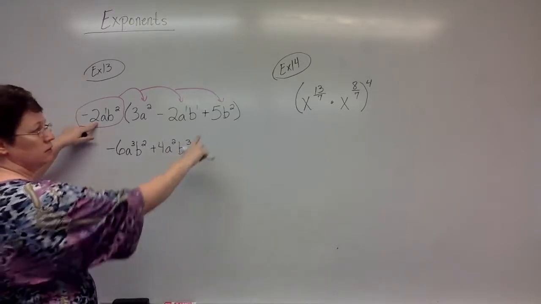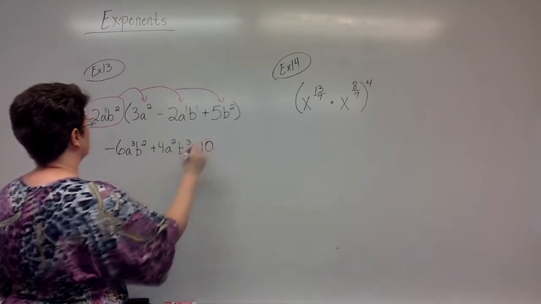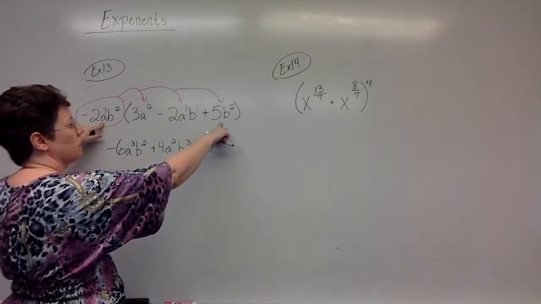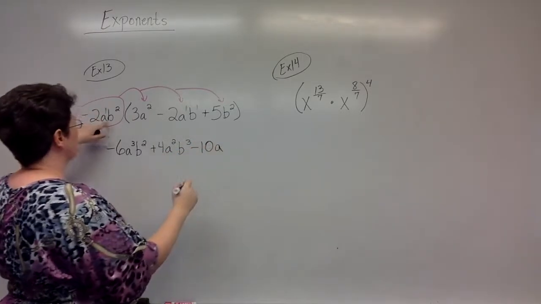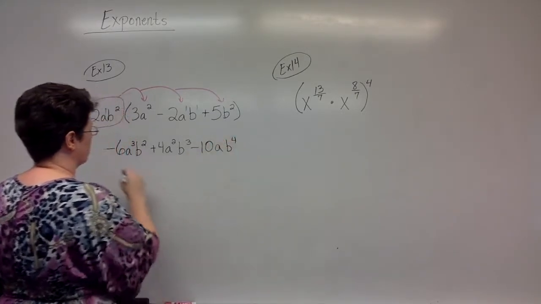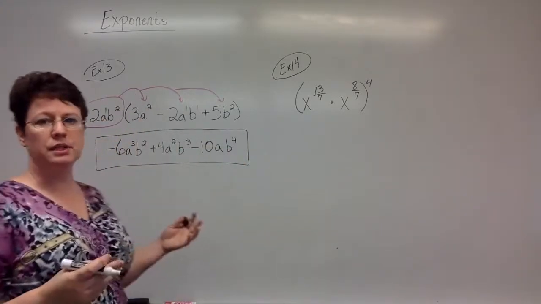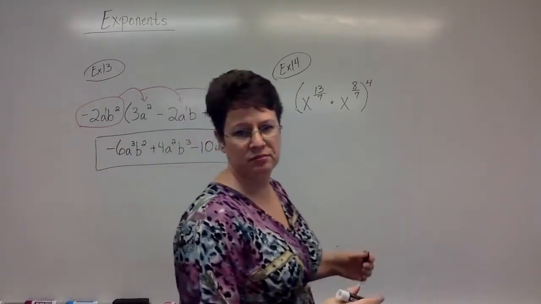Easy enough. Negative 2, positive 5. Multiply, get negative 10. Oh, there's no a, so we just write that one down. B squared and b squared, 2 plus 2 is 4. Super easy. All we did was combine the GCF back in. Not a big deal.